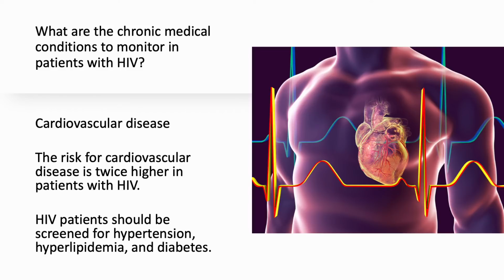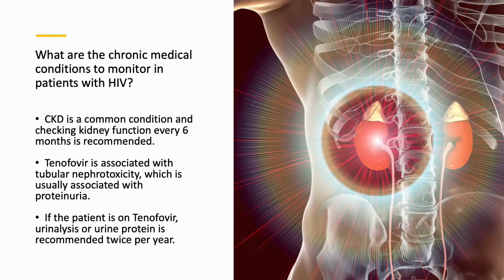Due to advancements in HIV management, patients are encountering fewer complications and enjoying extended survival. As a result, they are increasingly experiencing common health problems seen in the general population, and these problems must be addressed. The risk of cardiovascular disease is twice as high in patients with HIV, and therefore, HIV patients should be screened for hypertension, hyperlipidemia, and diabetes.